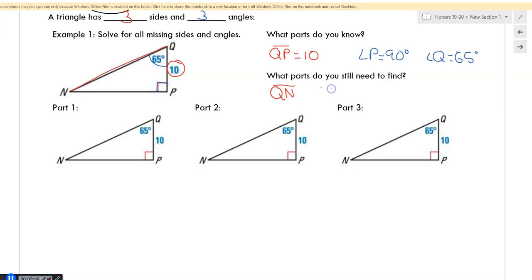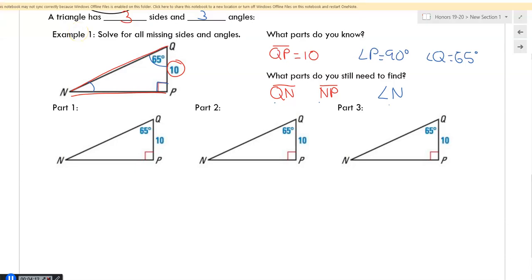I still need NP, which is this. And then I still need angle N. Okay, so really there's 3 questions that are part of this one question. I have 3 things I have to solve for.